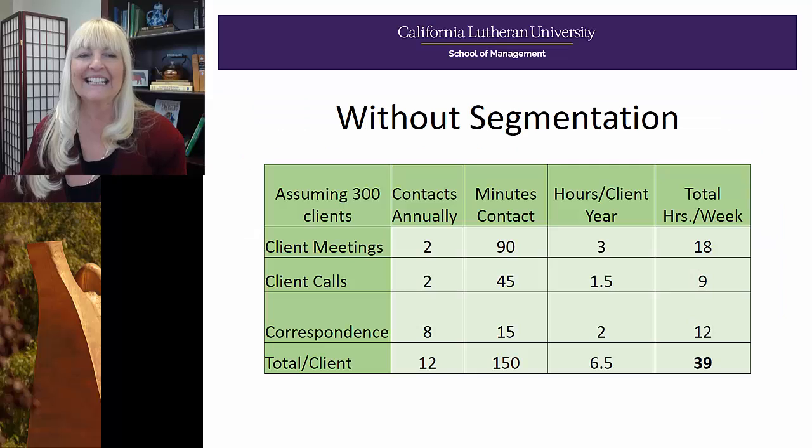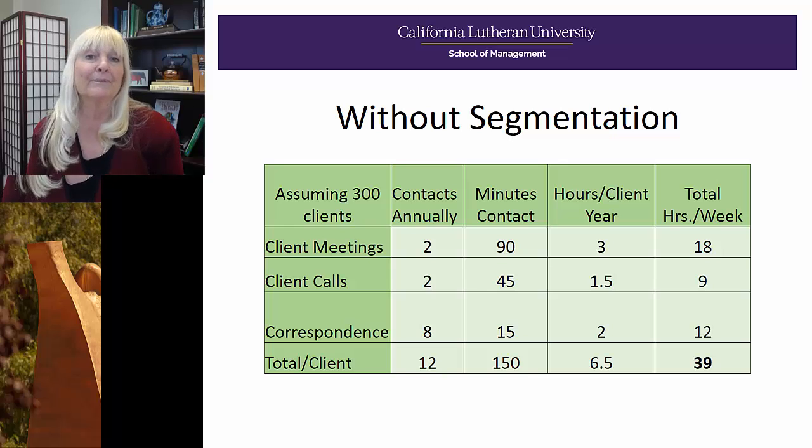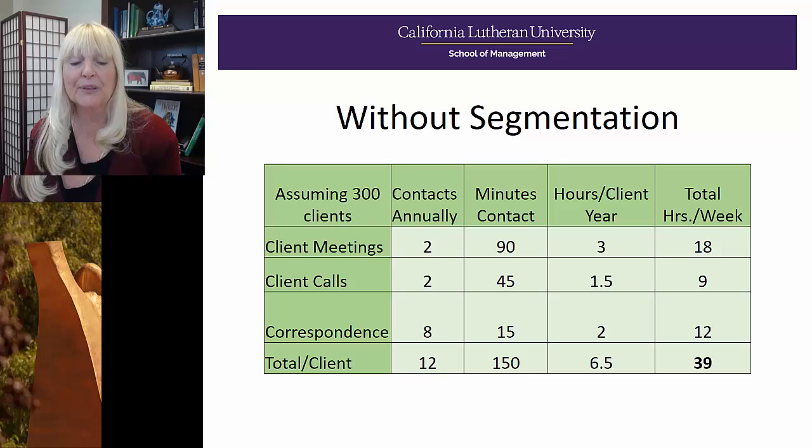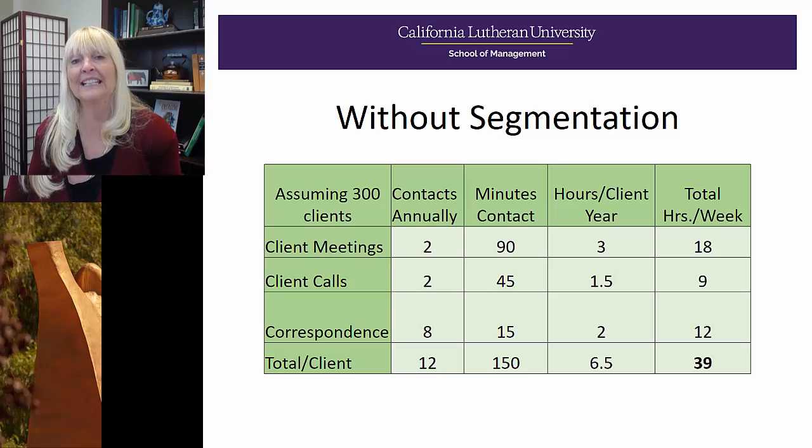Now, without segmentation, and in this example, I assumed you had 300 clients and you figure out how many in-person client meetings and maybe how many calls per year and the correspondence you want to do and the number of minutes each contact's going to last.